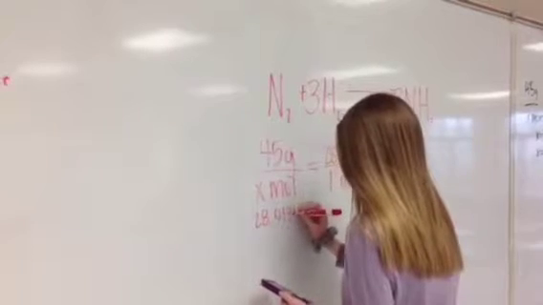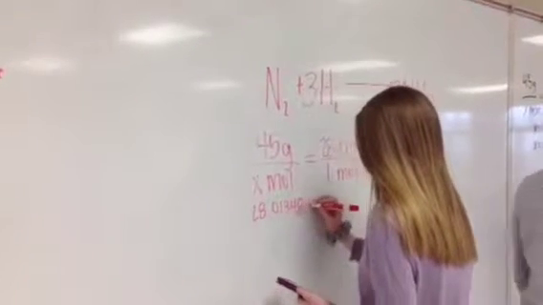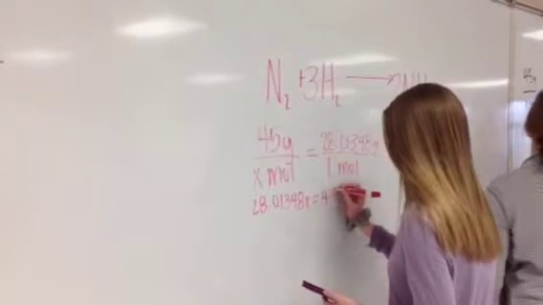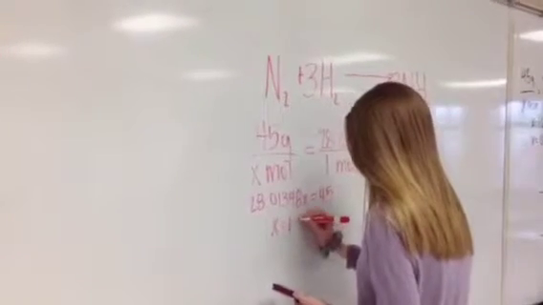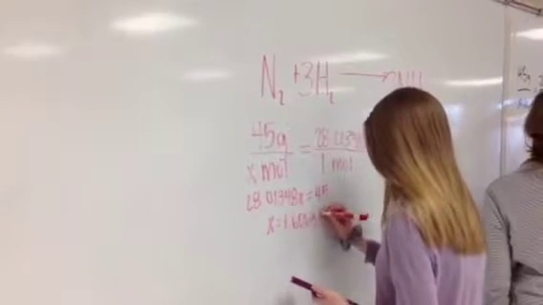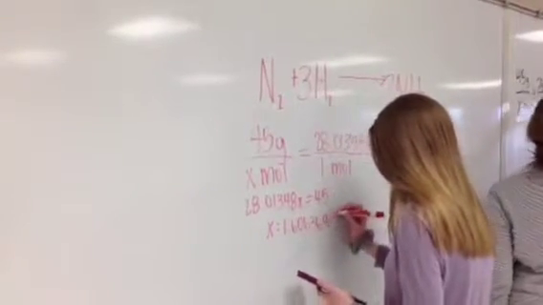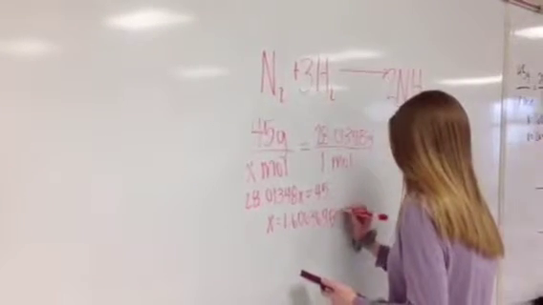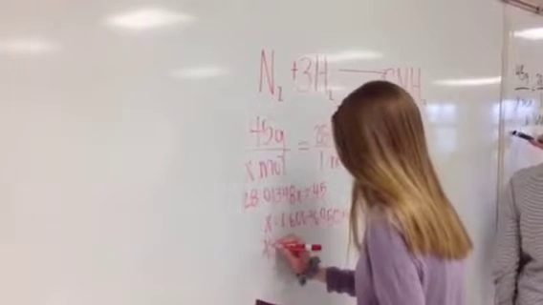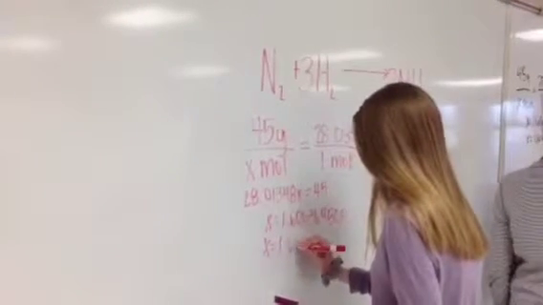Then once we have our proportion set up, we cross multiply, then divide to get X to equal 1.606369505 moles. And with correct sig figs, it changes to be 1.6 moles of N2.